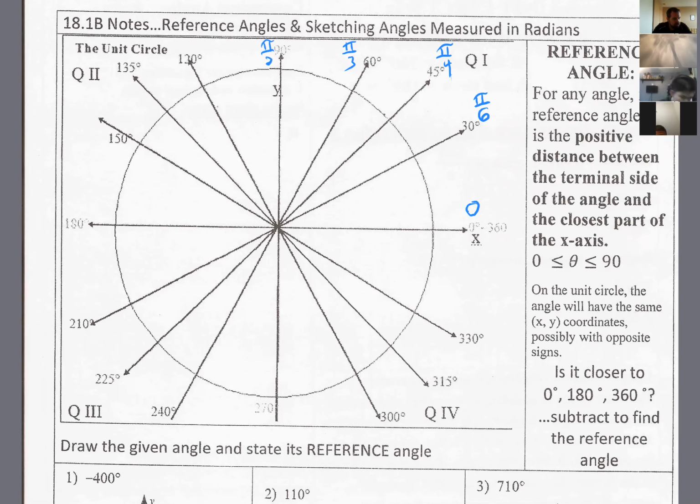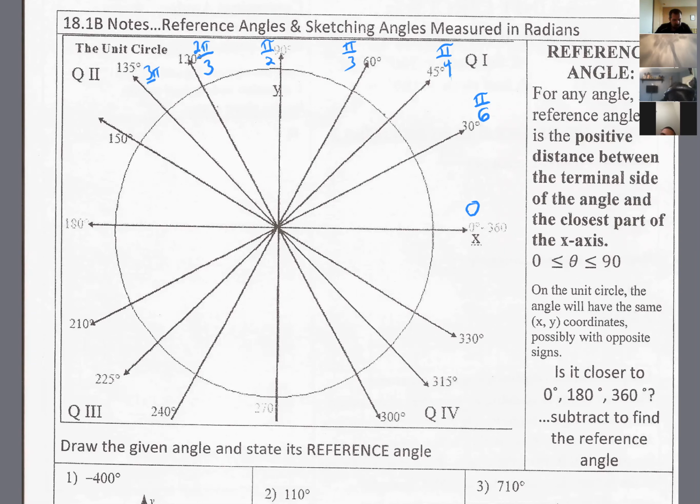Now we're going to move into quadrant 2. 120 degrees is 2 pi over 3 radians. 135 degrees is 3 pi over 4 radians. 150 degrees is 5 pi over 6 radians. 180 degrees is just pi radians, half of a circle.